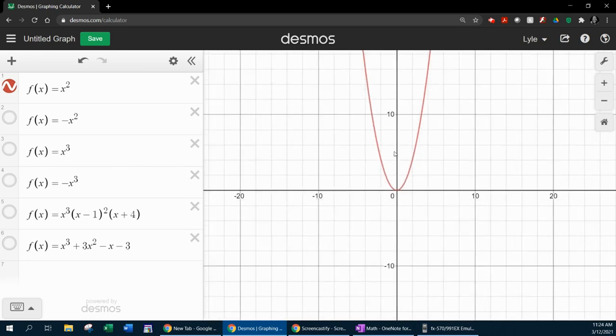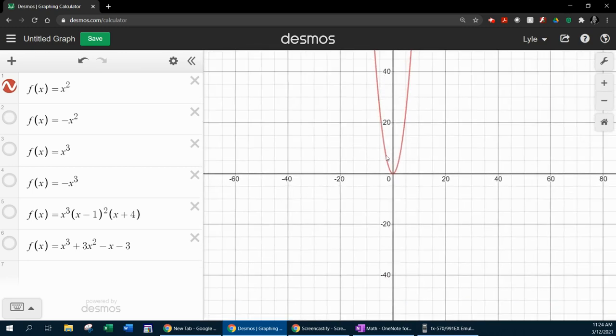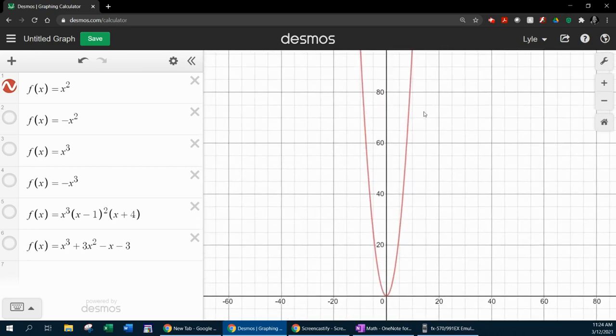No matter how far I zoom out, what we mean by end behavior is what the graph does out on the ends, like out on the edges of town. This graph is going to rise left and right forever. And that's with an even degree and a positive lead coefficient.